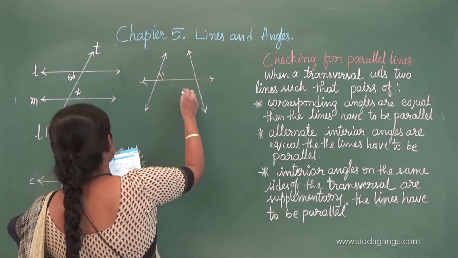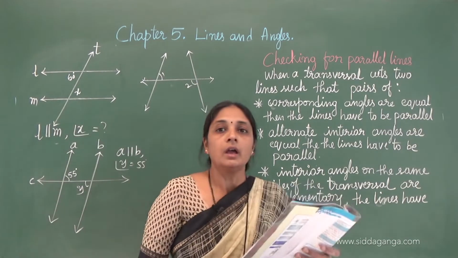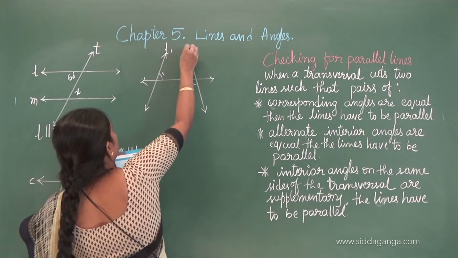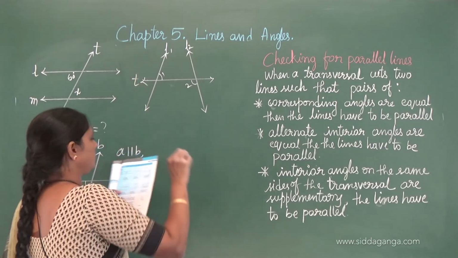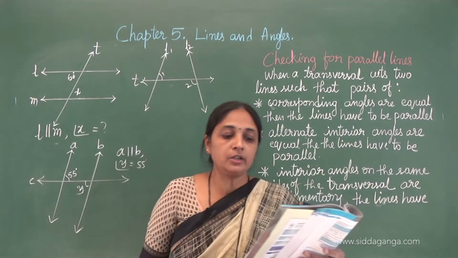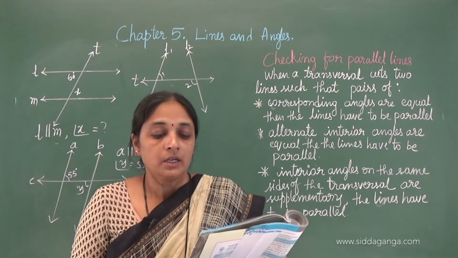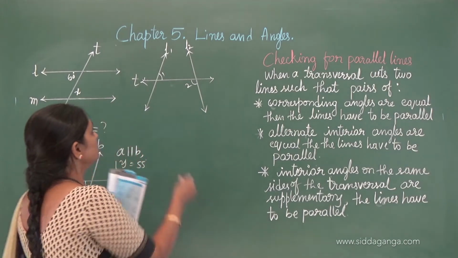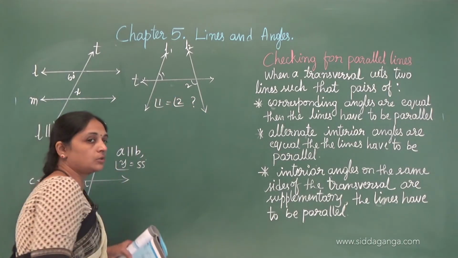Okay, angle 1 and angle 2. Also they have given line 1, line 2, and T. Line 1 and line 2 are two lines. T is a transversal. Angle 1 is equal to angle 2. They are asking a question.